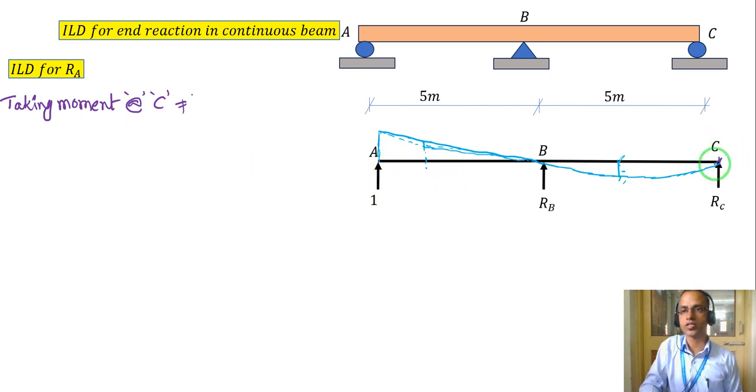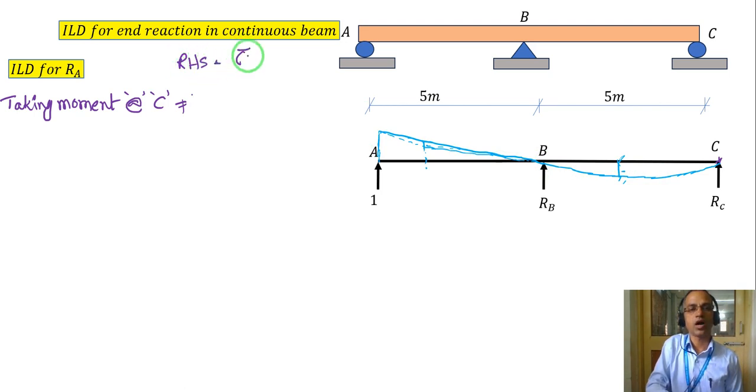I'm taking moment at C and going towards the right hand side. While going to the right hand side, RHS, clockwise are positive and anti-clockwise are negative.